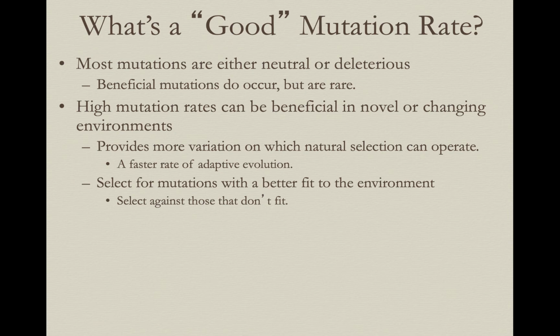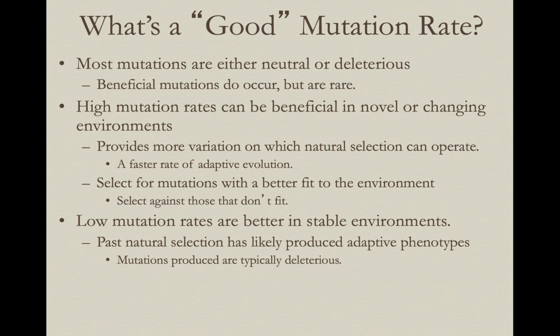But it provides more opportunities for some of the individuals of that species to get changes in their DNA that may allow them to come up with better adaptations for this changing environment. So it allows for a faster rate of adaptive evolution and may allow that species to persist longer, despite the fact that it really is going to be costly for many individuals of the species.